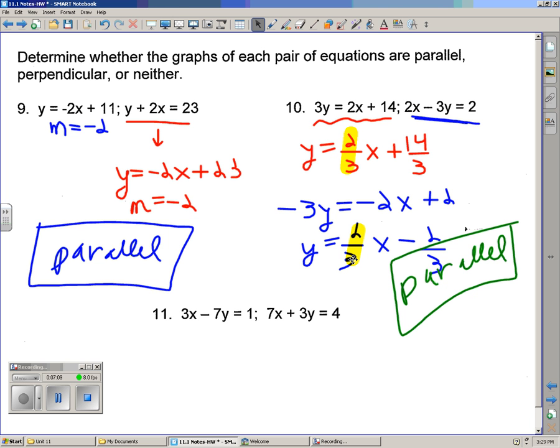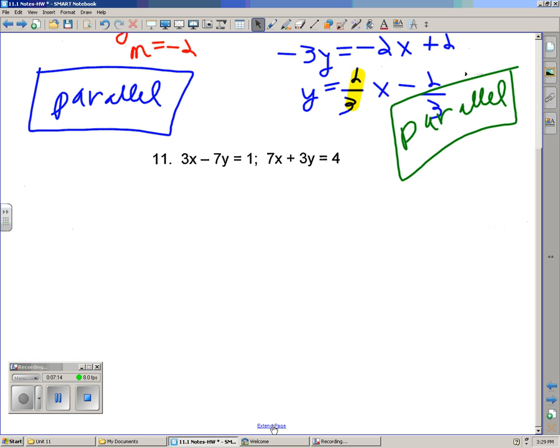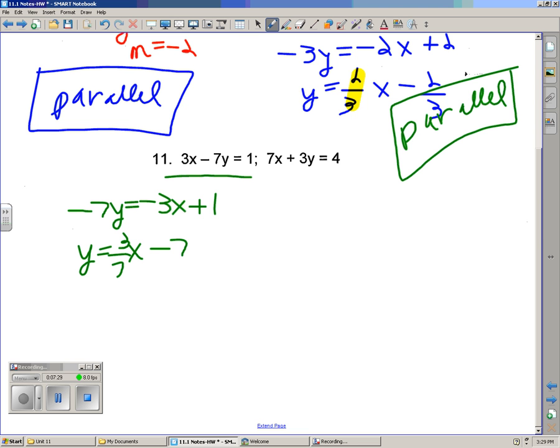Last but not least, and then you'll be on your own for your homework. Let me bring this up. First line, right here, we will get this into slope-intercept form. Negative 7y equals negative 3x plus 1. Y equals 3/7 x minus 7.